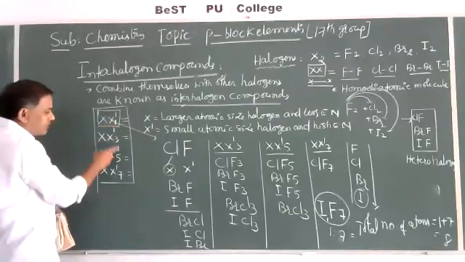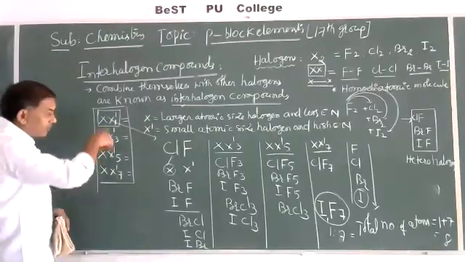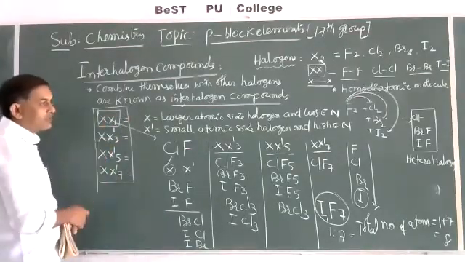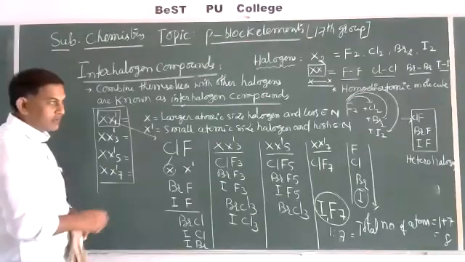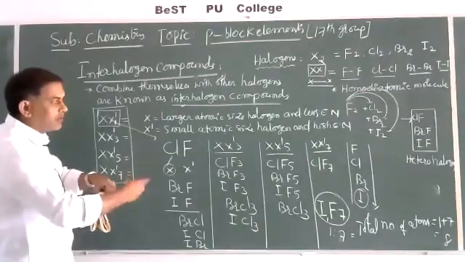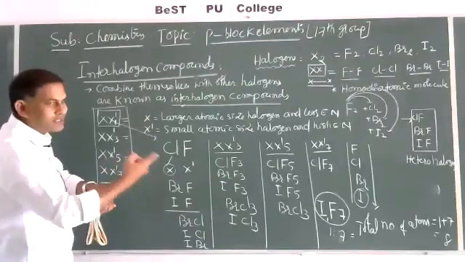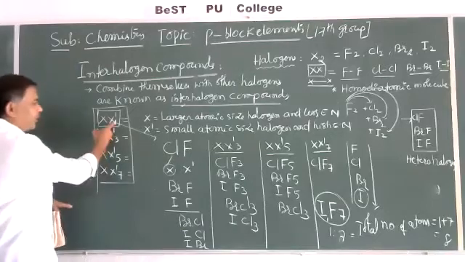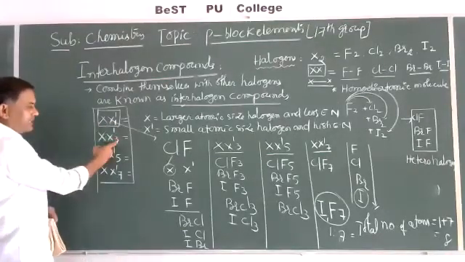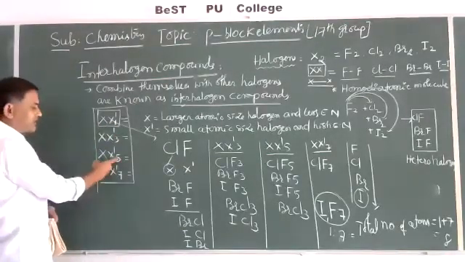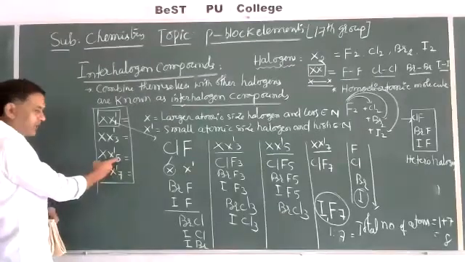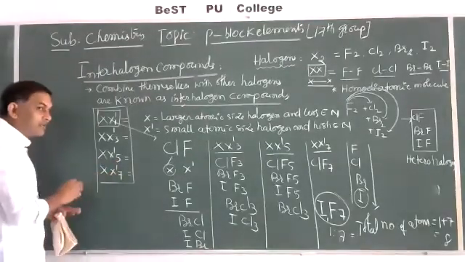Here 1, 3, 5, 7 only, odd number only, because its outermost orbit contains 7 valence electrons. By excitation, already given electron excitation: in ground state only one unpaired is there. It is first excitation, 3 unpaired are there. It is second excitation, 5 unpaired are there. It is third excited state, 7 unpaired are there.